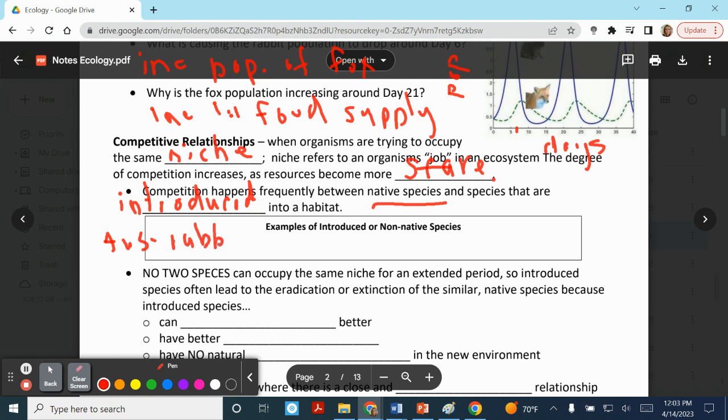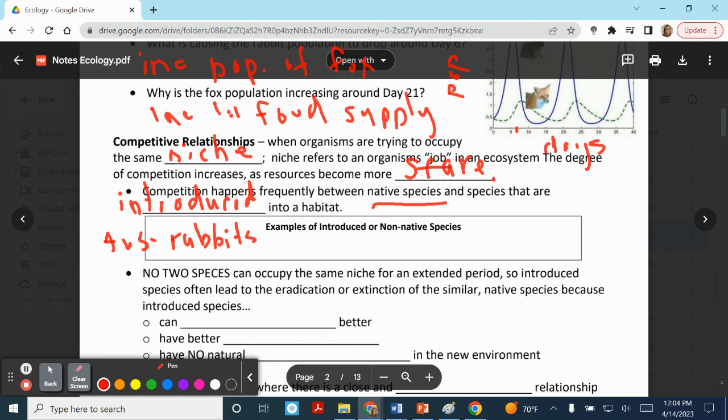Remember, about 20 rabbits were brought in and released, and the millions of rabbits that have resulted from those initial 20 have caused a lot of damage to the ecosystem. They destroy vegetation, so it's harder for other native organisms to find enough food, and they can simply outpopulate those native species.